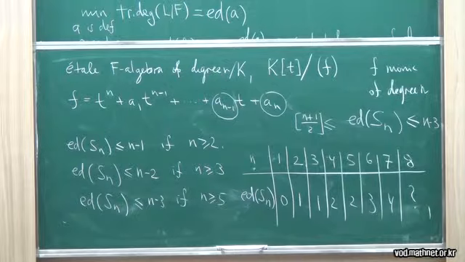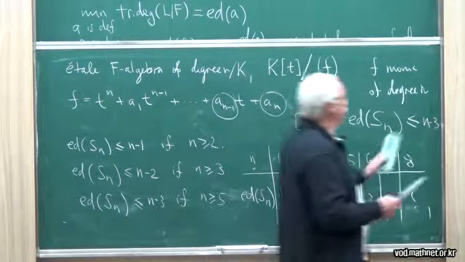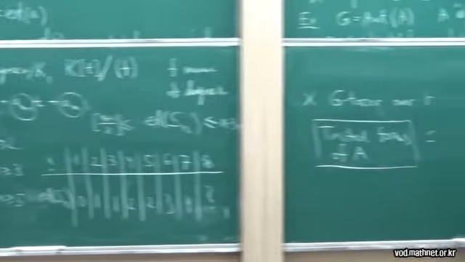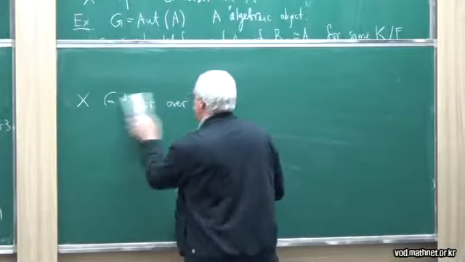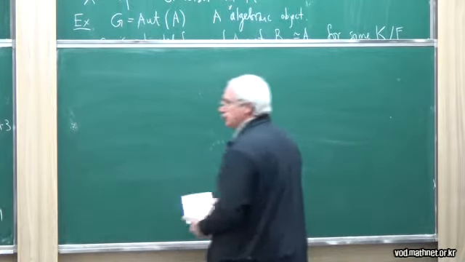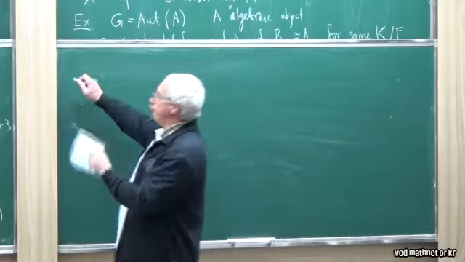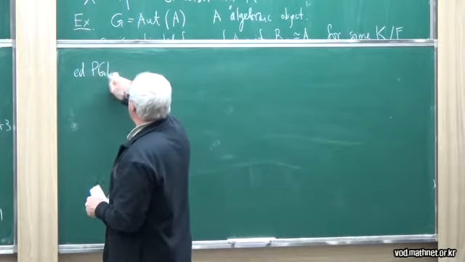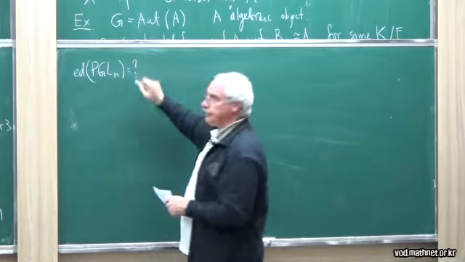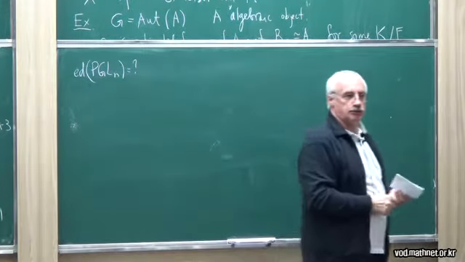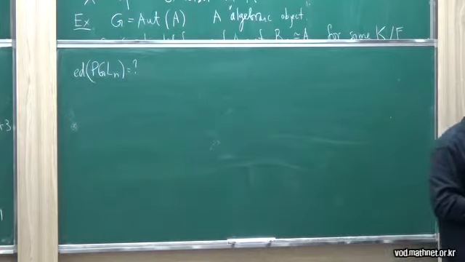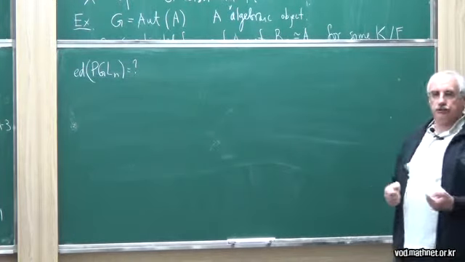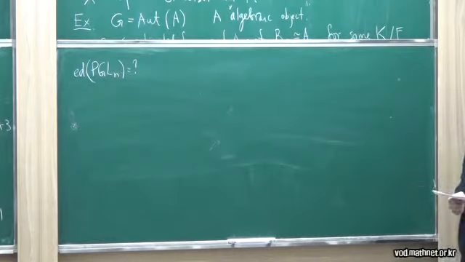I would like to mention another problem, about the essential dimension of the group PGLn. So it's the complexity of central simple algebras of degree n. Well, no one knows what central simple algebras look like.